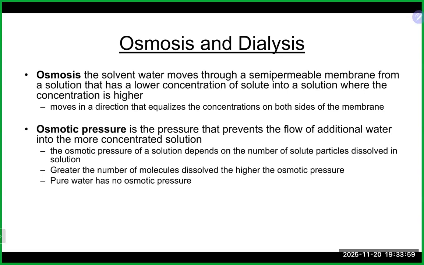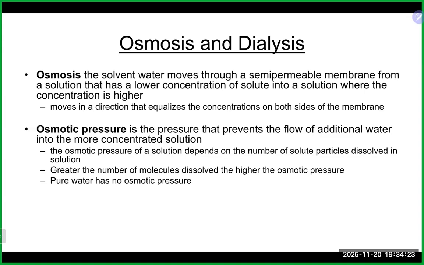Osmotic pressure, as I mentioned before, is basically what stops the flow of molecules from the lower concentration to the higher. Osmotic pressure is based on how many particles are dissolved in the solution. The greater the number of particles in the solution, the greater the osmotic pressure.